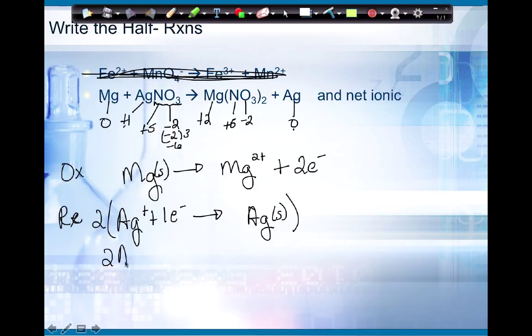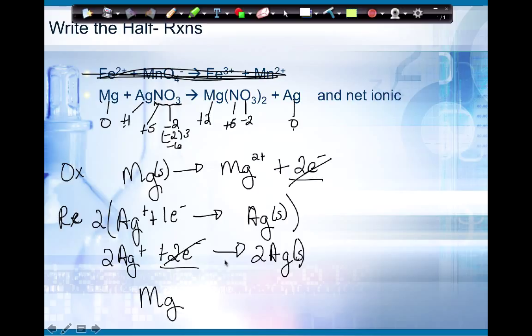So it's going to be 2Ag+ plus 2 electrons produces 2 silvers. All right, so now I put everything together. Electrons should cancel at the end because I've got electrons on my product side here and then on my reactant side there. So that will cancel. And this is what I will get when I put everything together.